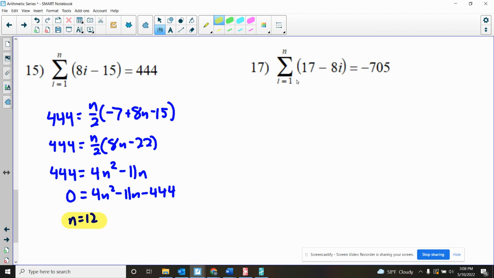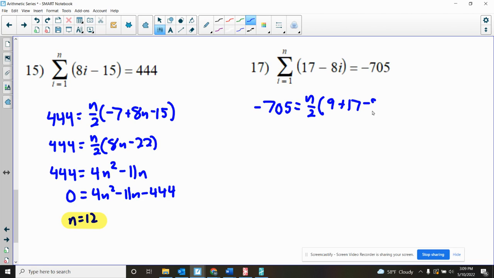And then lastly, same idea. We've got the sum as we switch back to the pen. Equal to number of terms over 2. For the first term, put a 1 in. 17 minus 8 times 1. That's 17 minus 8, which is 9. Put the n in.